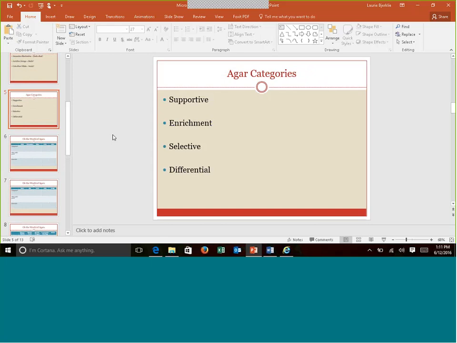And then differential is it kind of subcategorizes the bacteria that's growing into different types depending on their characteristics. So one characteristic that we use a lot with differential is fermentation. Some that ferment versus those that do not ferment. So they'll produce different colors to really help them become subcategorized. So just to kind of learn more about what's growing.